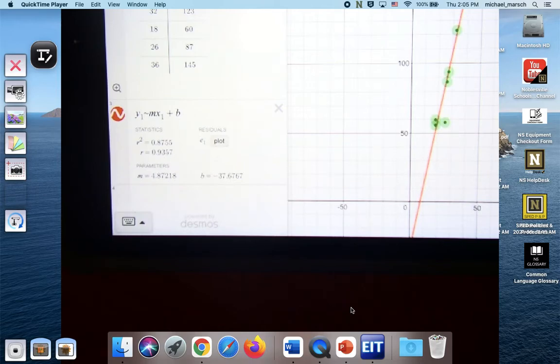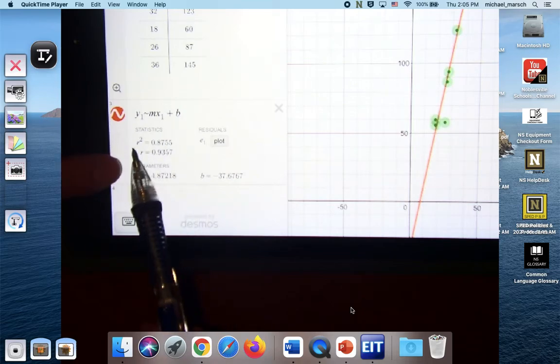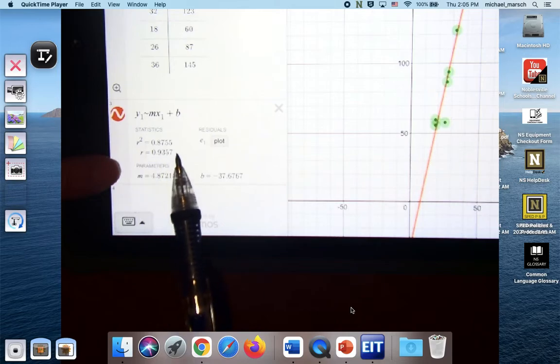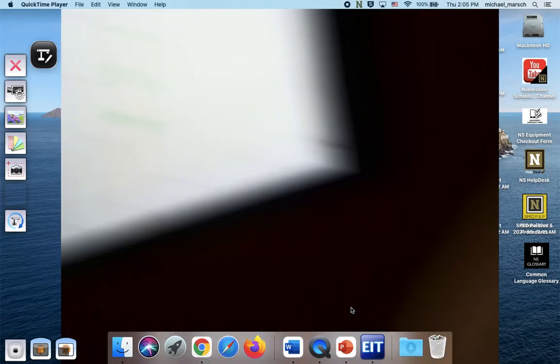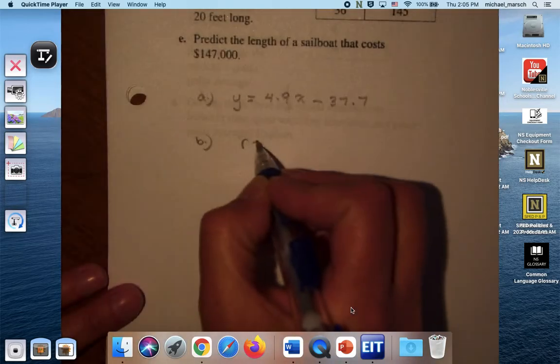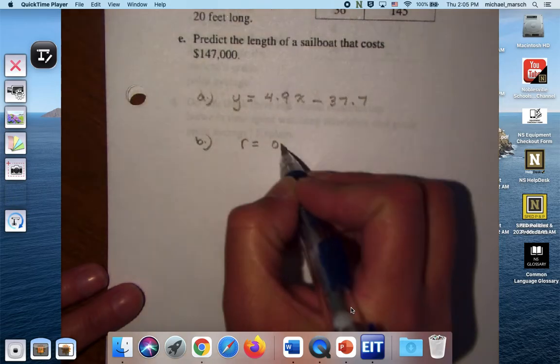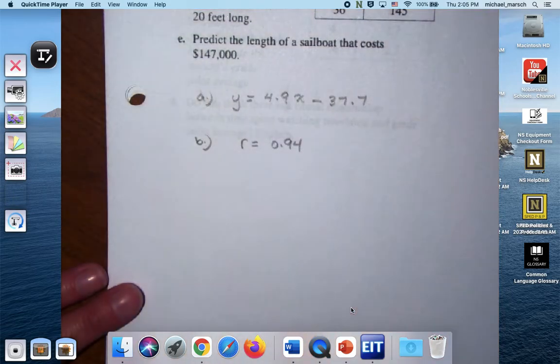Okay, so part B says identify and interpret the correlation coefficient. This R value right here is the correlation coefficient. It just is. The single R value is the correlation coefficient. So R equals 0.94, right?